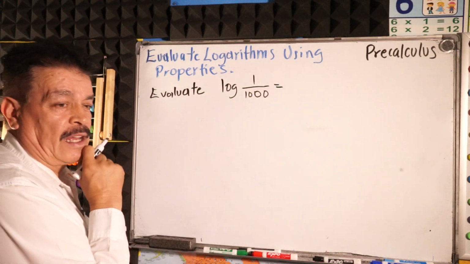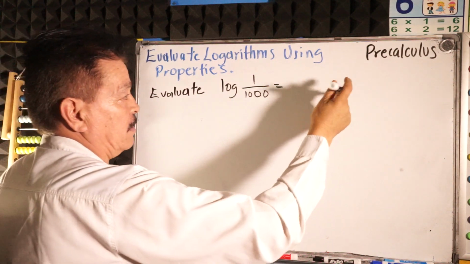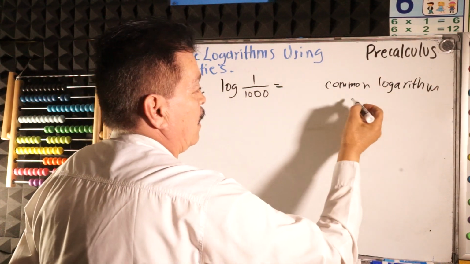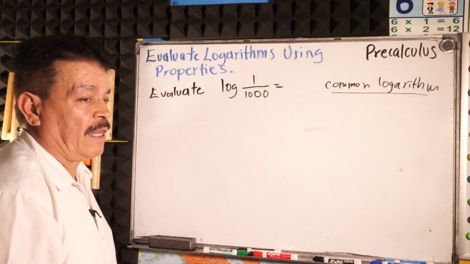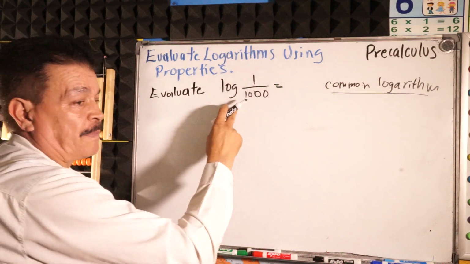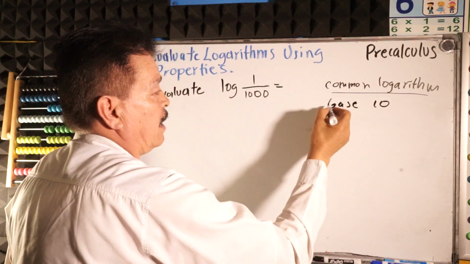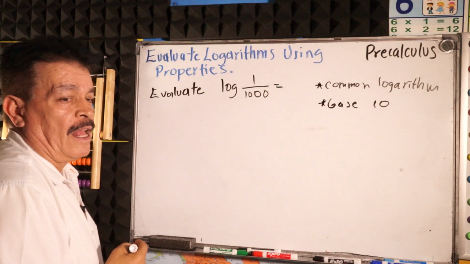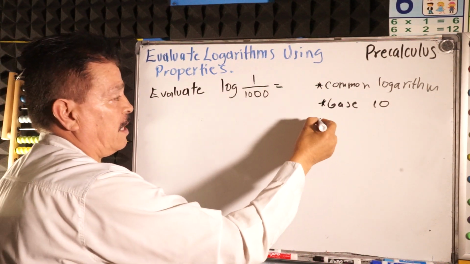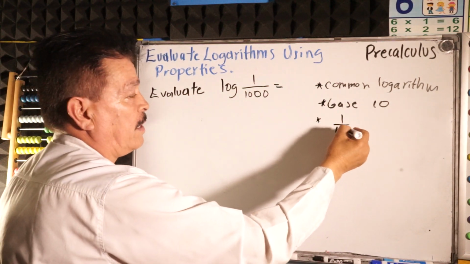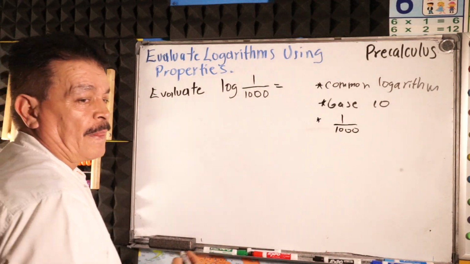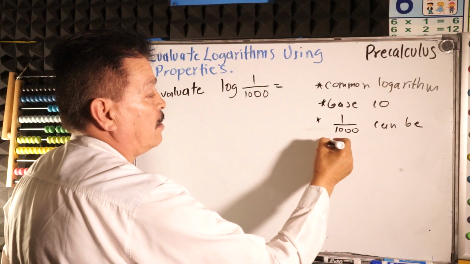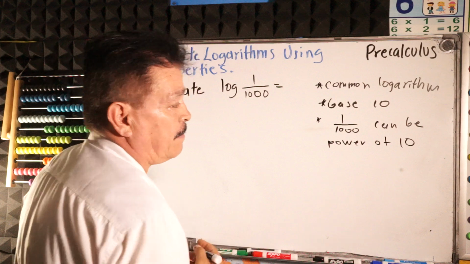Notice that this is a common logarithm, with the base 10. Another important thing to remember is that 1 over 1000 can be written as a power of 10. Very important.